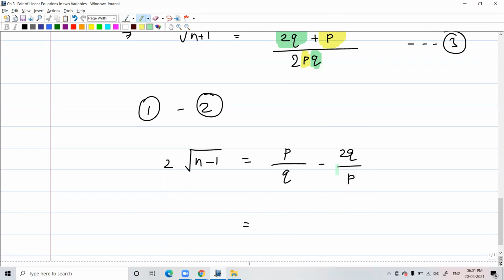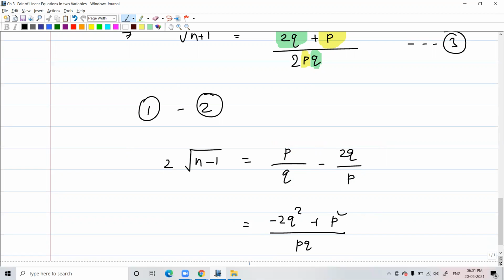It doesn't have to be in that order exactly. We can do this first and then this. Okay. So we can write p square minus 2q square by pq. Because this one has a minus sign, so I don't want to start writing minus 2q square. You can write it. There is no difference.